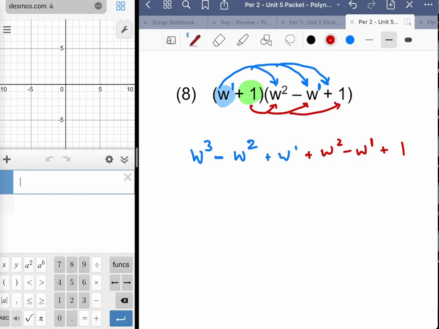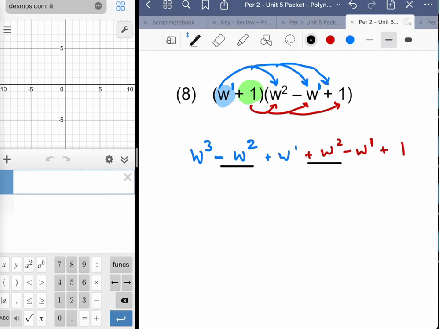But something really nice happens here. If you look carefully, you see that the like terms, with the exception of the w cubed and the 1, the remaining like terms are all exact opposites of one another. So I have a negative w squared here and a positive w squared.